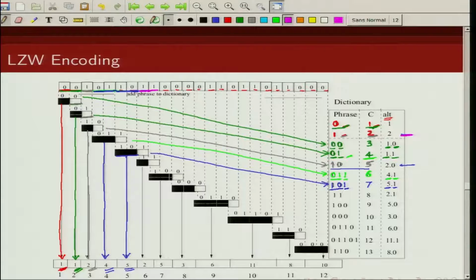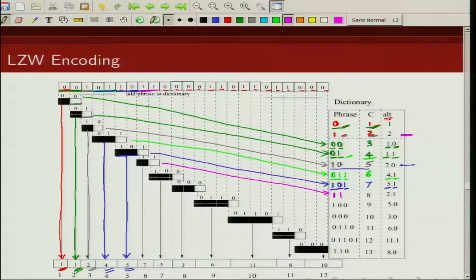1 1. Is 1 1 in the dictionary? The answer is no. We have 0 1 0 0 0 1 1 0 0 1 1 1 0 1, but 1 1 is not there in the dictionary. So what will we do? We are going to put 1 1 into the dictionary.